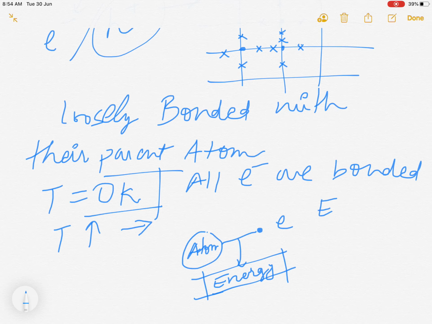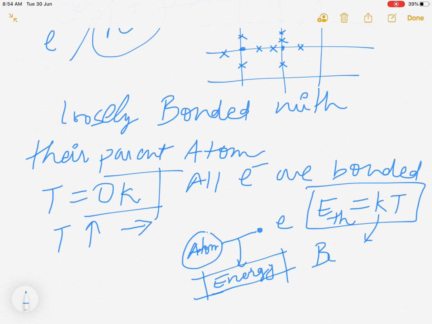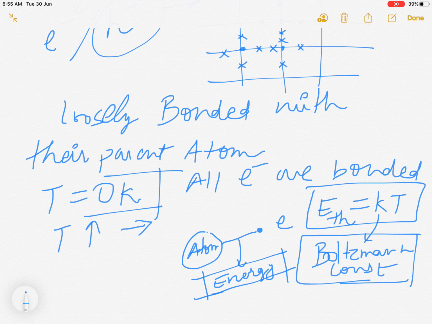So if the thermal energy, which I can write here as E_TH, equals kT, where k is the Boltzmann constant, at temperature T Kelvin the thermal energy would be kT.